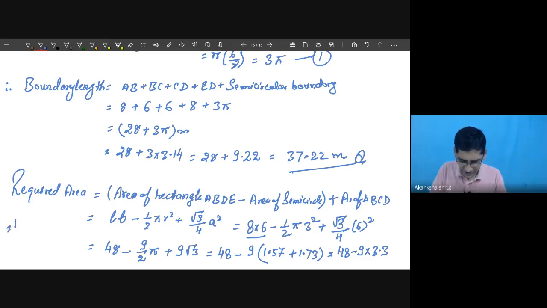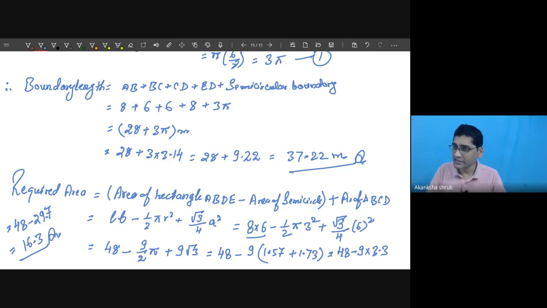So it is 48 minus, multiply this, 27, then 29, subtract it. So it becomes 3.17 minus 9 is 6, then 1 is the final answer.